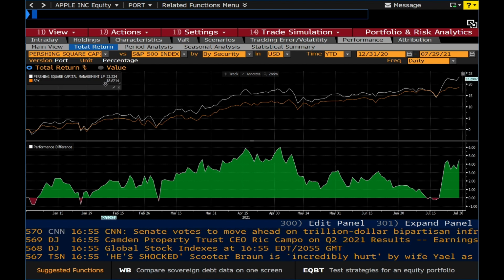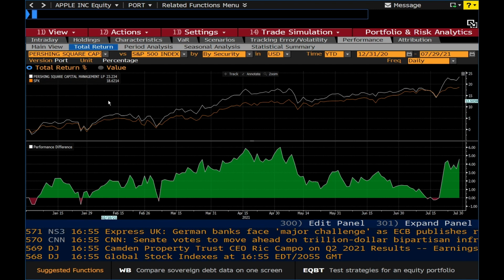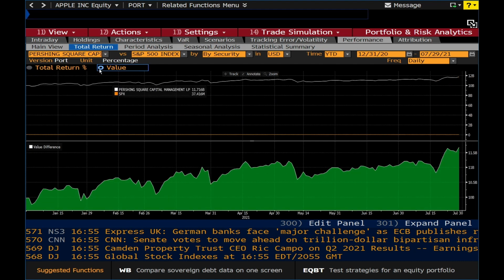Pershing Square 23.234% versus 18.6214% for the S&P 500, which is very good. And then we can take a look at the value, of course, approaching over 12 billion. I think it may actually be over that with the other two positions in the portfolio that are not listed here.